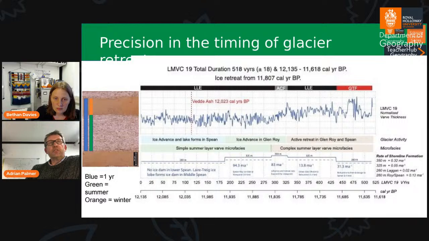Now, because of the nature of this particular system, there is a component of that varve thickness which is driven by the position of the ice mass or the ice front. But actually, this record is probably, in this particular instance, dominated by a climate signal.